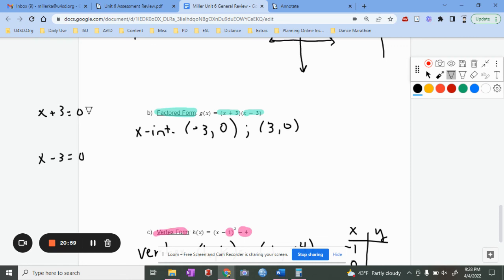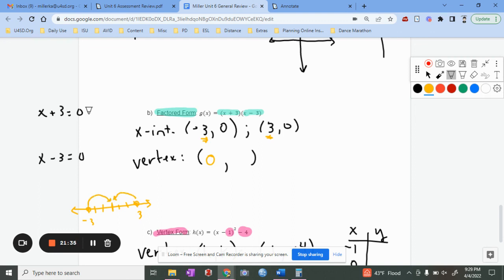X-intercept here, if you remember, to find our vertex, my h value is always going to be halfway in between our two numbers. So halfway between negative 3 and 3 is 0. You can remember that on a number line. So here's negative 3, here's positive 3. We have 6 spaces between them, so let's cut that in half.